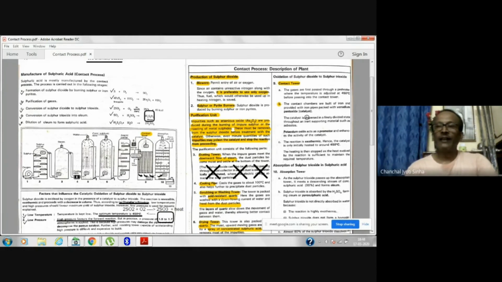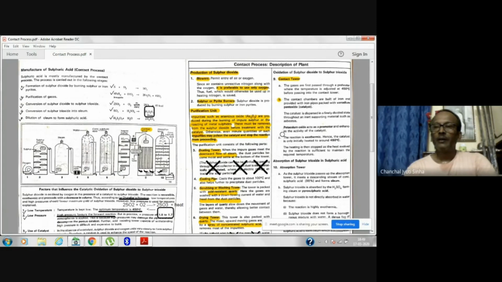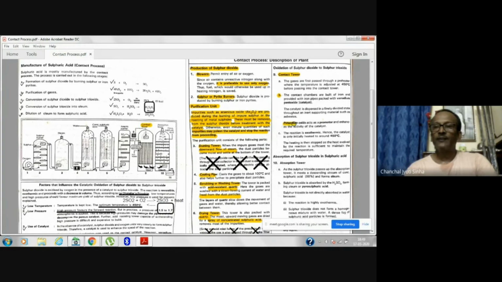Vanadium pentoxide catalyst is kept, and along with potassium oxide as promoter, which enhances the activity of the catalyst. These two are kept here.